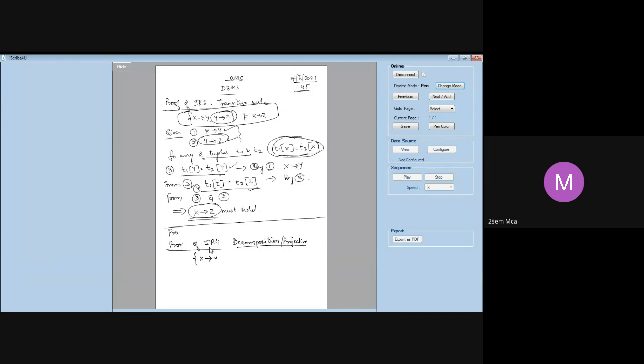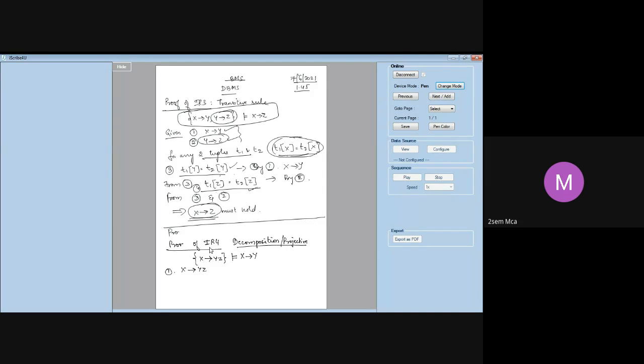X determines YZ means you should be able to infer X determines Y. This is what you have to prove. If x determines yz is given, then x determines y is what you have to prove. So let us see what is given to us. X determines yz. This is given.